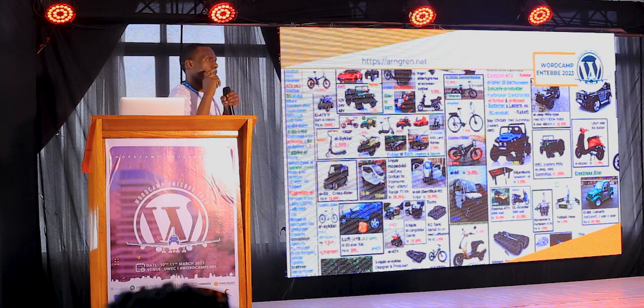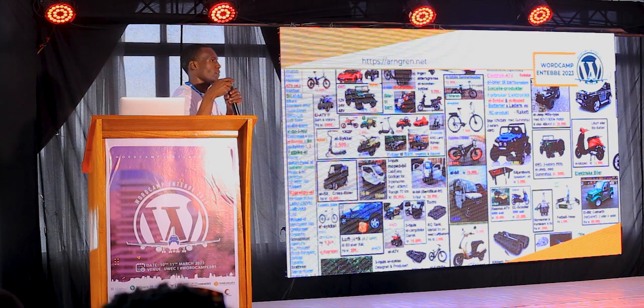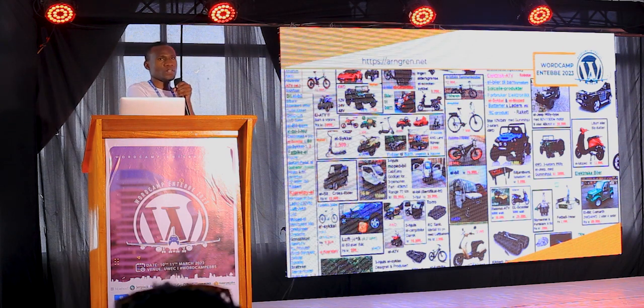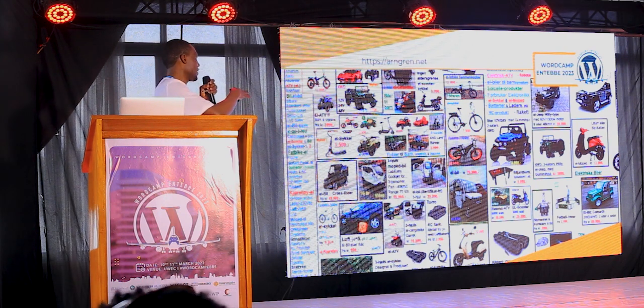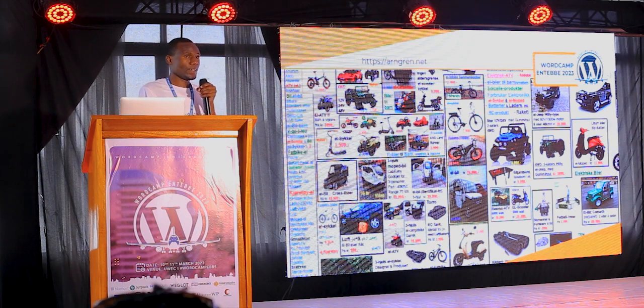Now, we all know Jumia, right? Let's take an example. If someone went to Jumia to buy something and found it looking like this, where shoes and things are not organized, you would actually feel bad. You would feel scared because there's no trust.